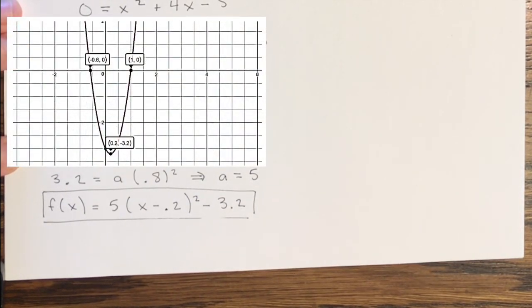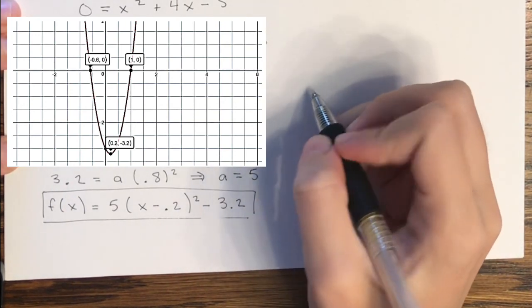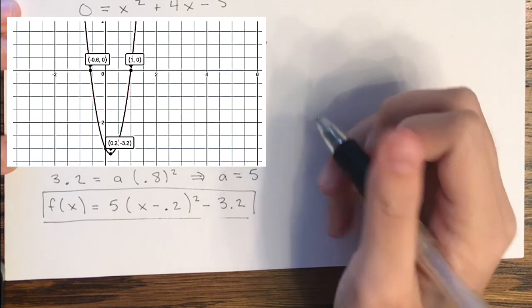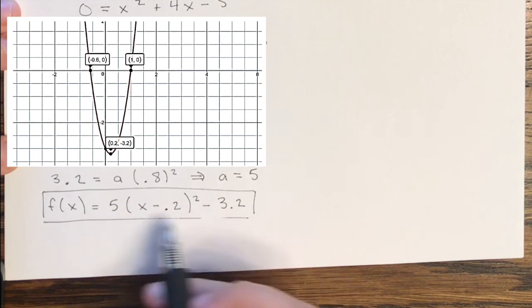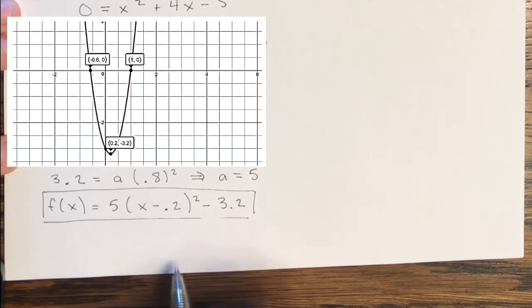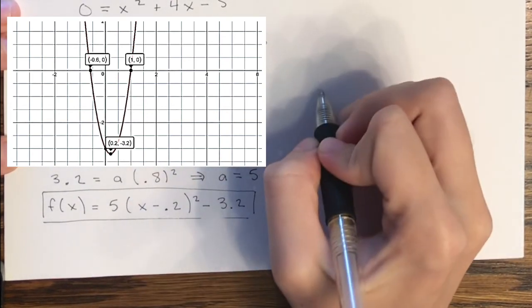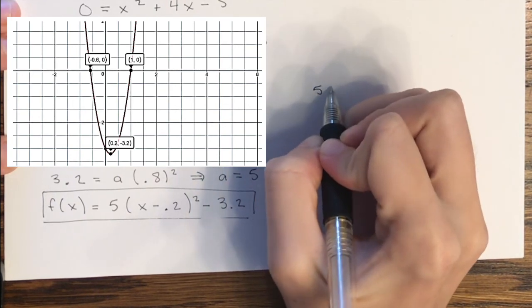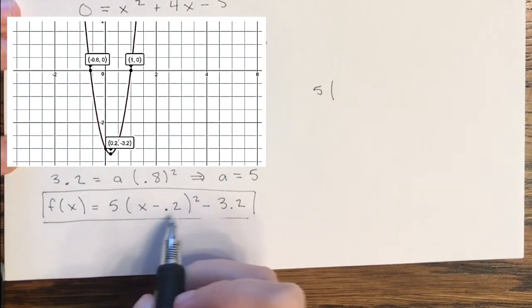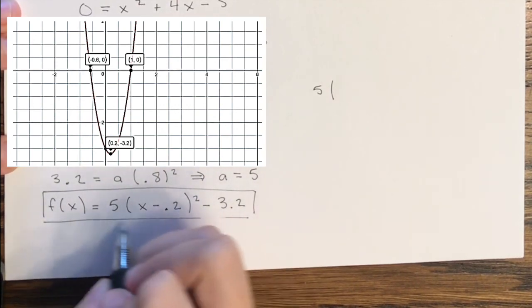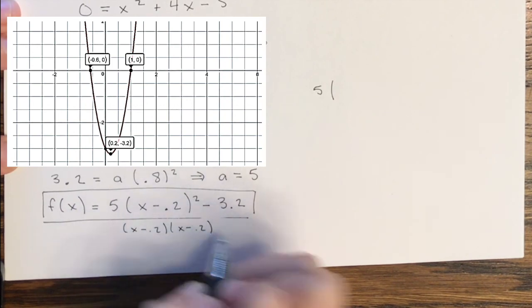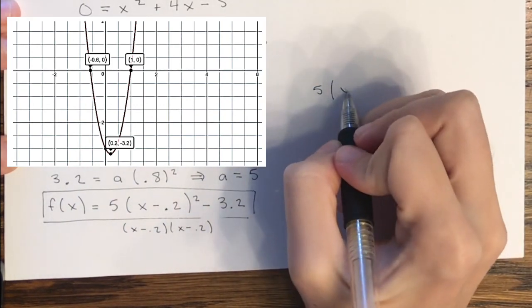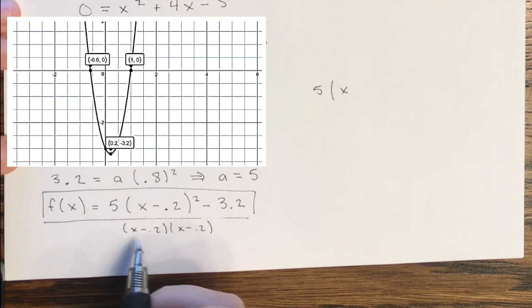All right, next it asks us to write it in standard form. Remember, we can convert from transformation to standard form by just simplifying, right? So if I simplify this, I first start out by FOILing here. x minus 0.2 squared is the same thing as x minus 0.2 times x minus 0.2. I multiply the first 2 terms together, I get x squared.